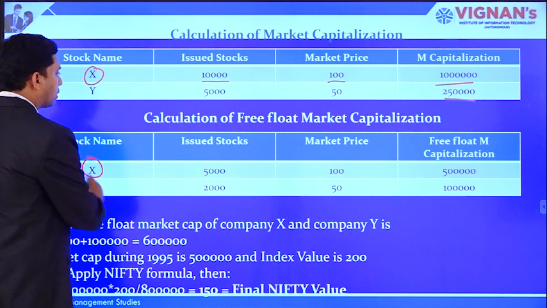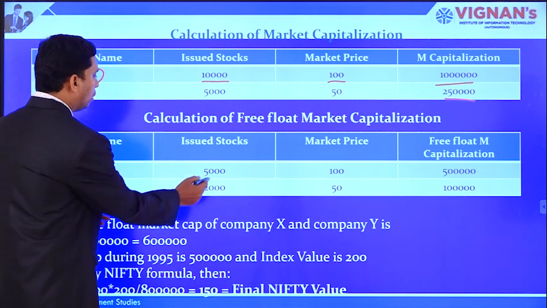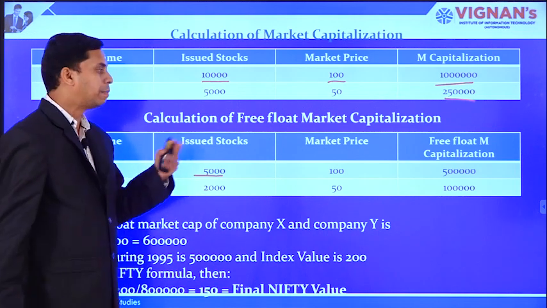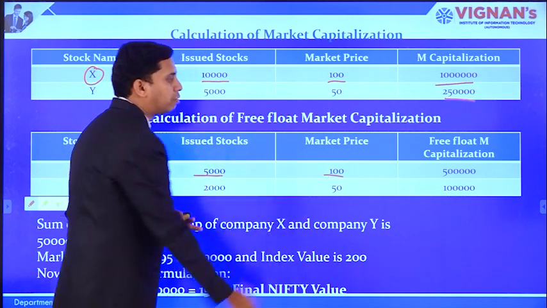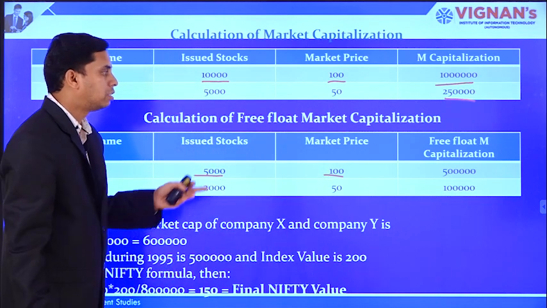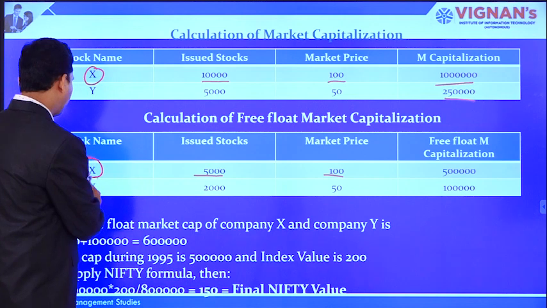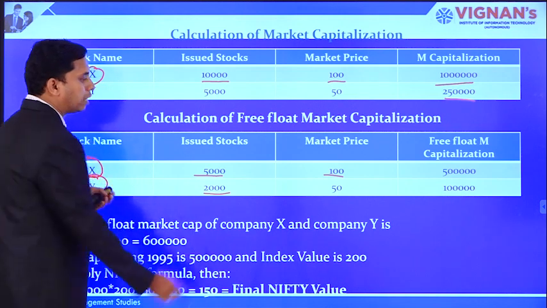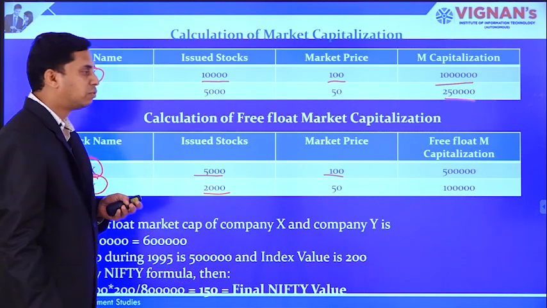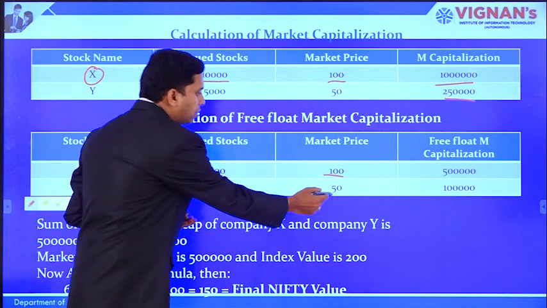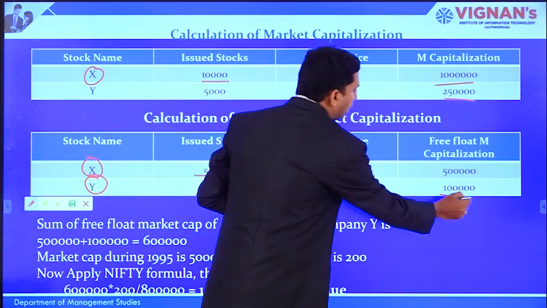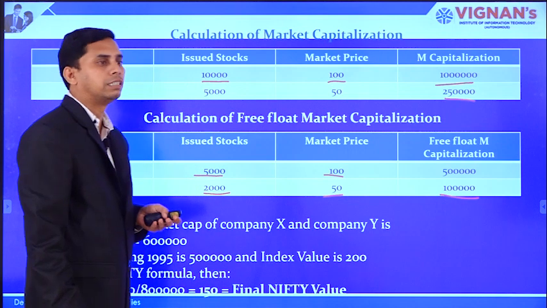For company X, free float stock is only 5,000 and the market price is 100. So, finally, free float market capitalization is 5 lakhs. And for Y, it is 2,000 shares of the free stocks that are available for trading, and the market price is 50, and 1 lakh is the free float market capitalization.